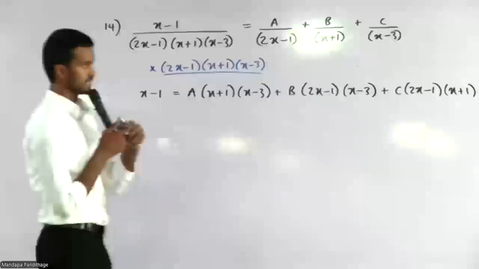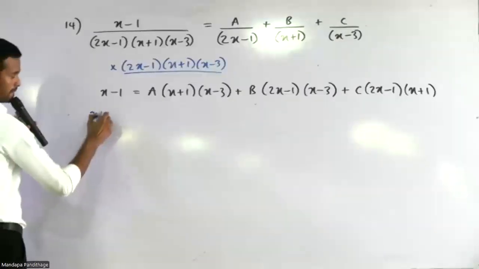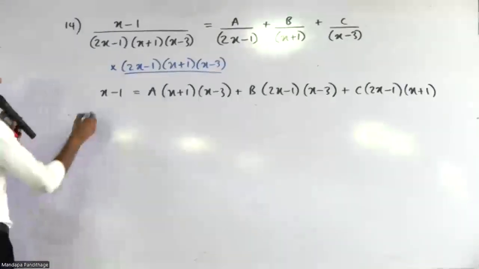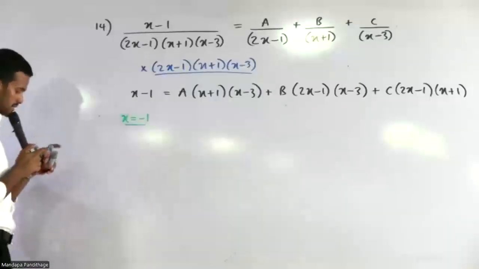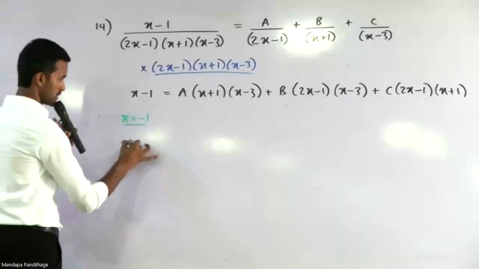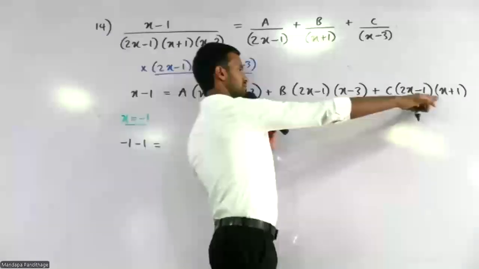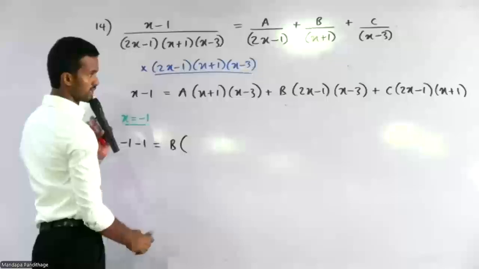So let's start with x equals minus 1. When x equals minus 1, here it's minus 1 minus 1, and you don't have to write this one, because it becomes 0. The only one will be B into (2x minus 1).